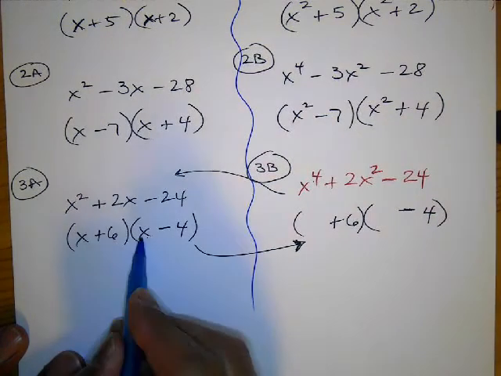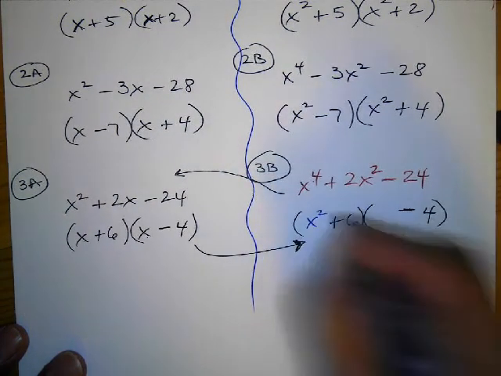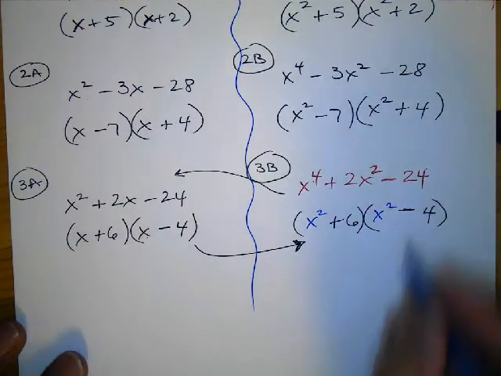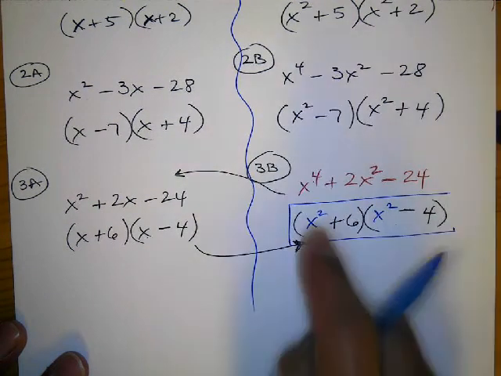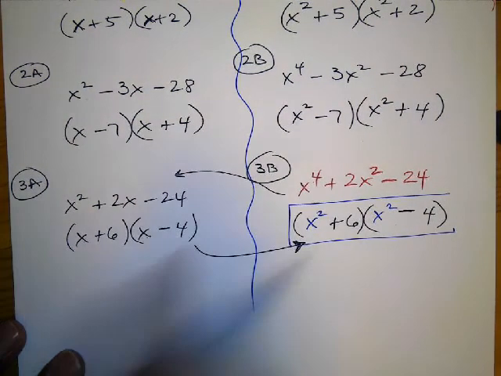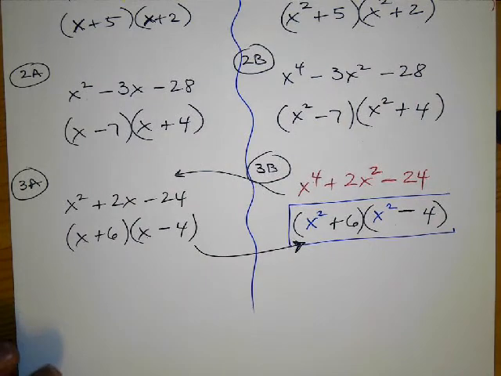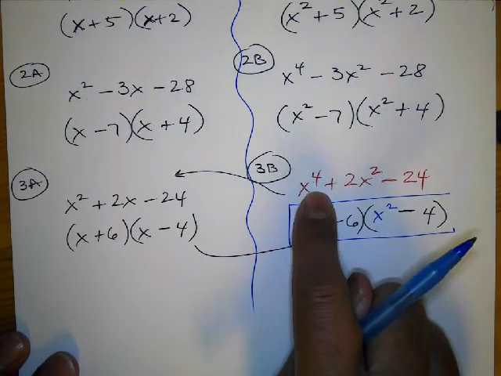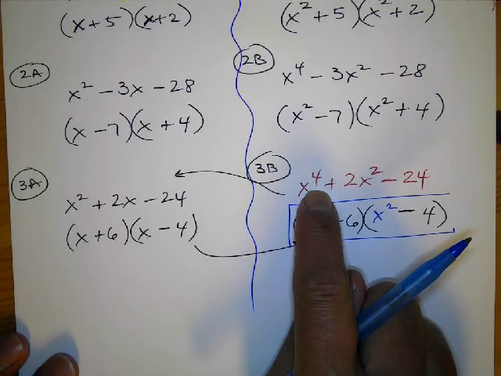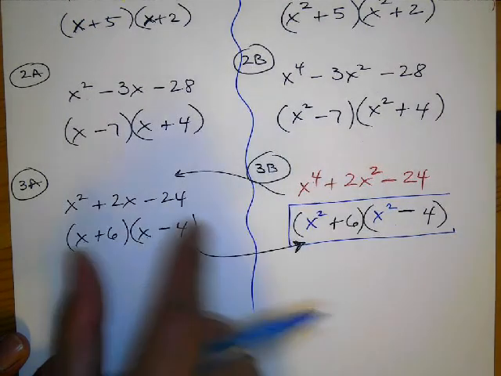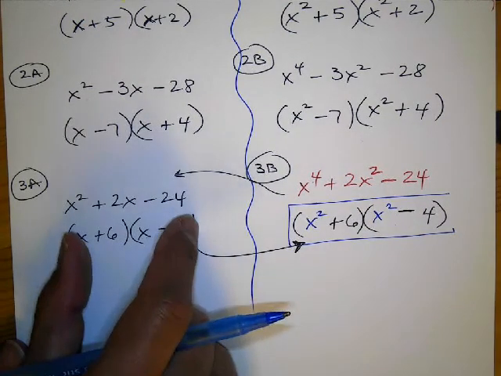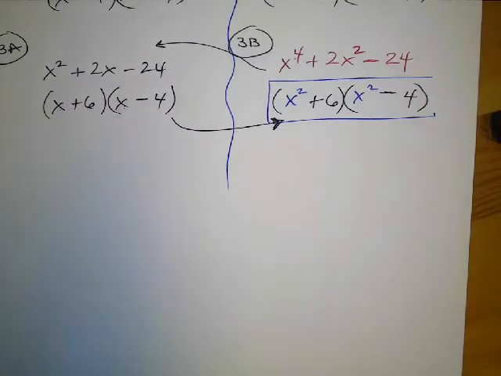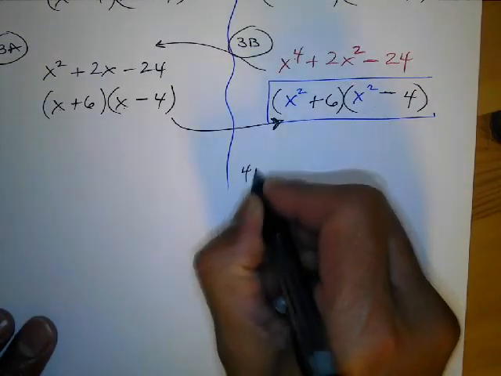It's going to be plus 6 and it's going to be minus 4. But instead of x and x, it's going to be what? X squared, x squared. Does that make sense? I know some of you might not want to go do this back and forth business, but I hope you see why they say that these, even though they're not quadratic, right, it's to the power of 4, they kind of really are in this quadratic form, right?